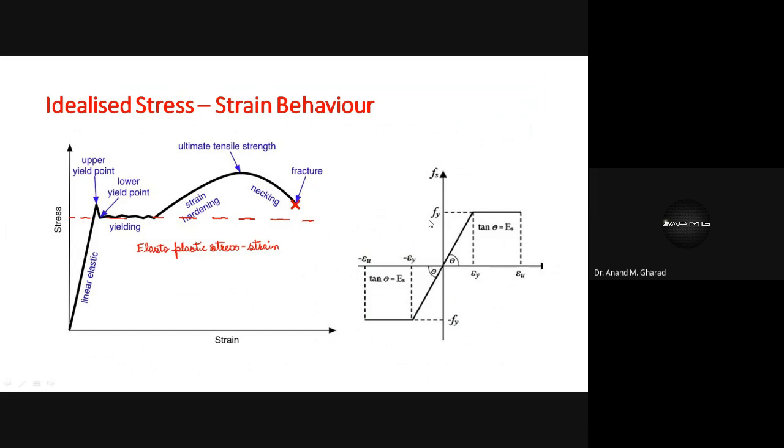So instead of sigma y, now it is fy. This fy value is linearly extended up to this fracture, since this length is quite long. And if we extend this, there is an advantage which I will discuss in the further slide.